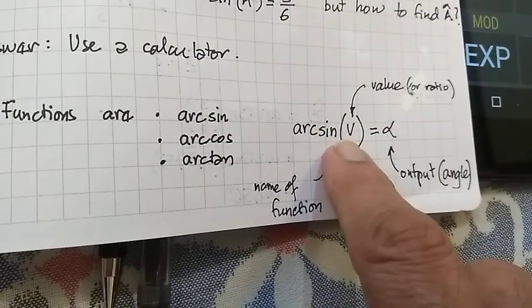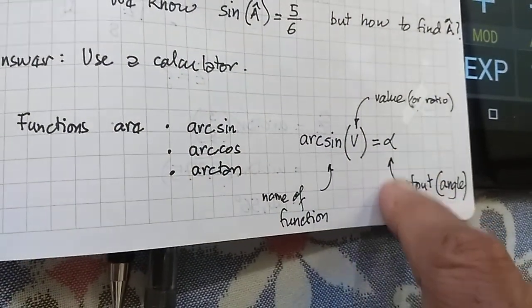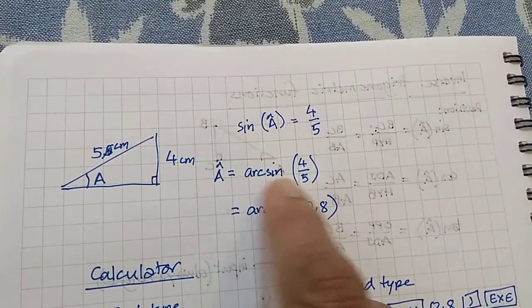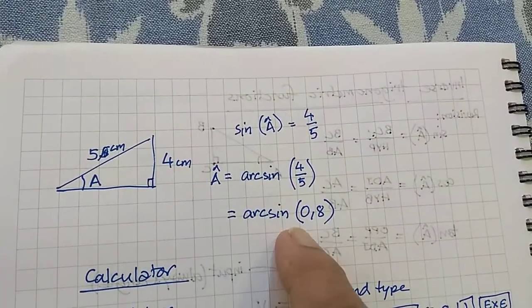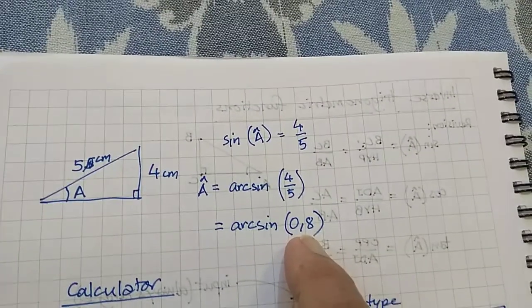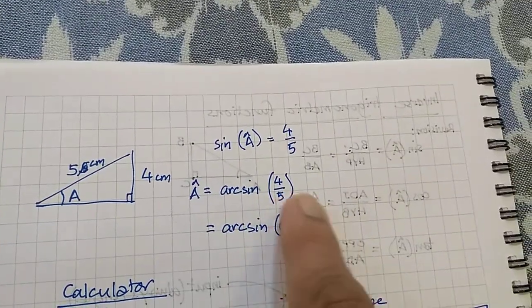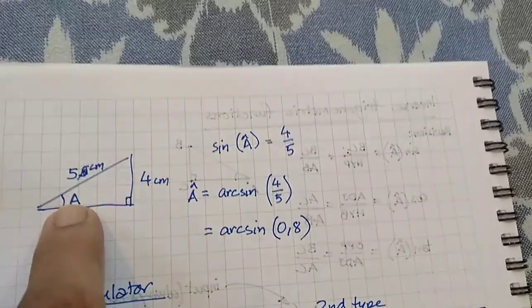Arcsine of the ratio is equal to the angle. The output is the angle. So angle is equal to arcsine of 4 over 5, so arcsine of 0.8. If we calculate arcsine of 0.8, we will get the angle A.